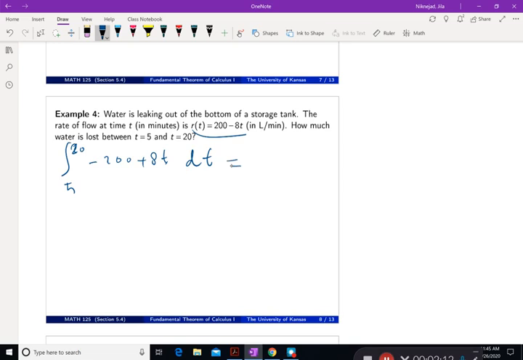And then here, first thing first, you take the antiderivative. Negative 200 gives you negative 200t. 8t gives you 8t squared divided by 2, which is 4t squared, from 5 to 20.